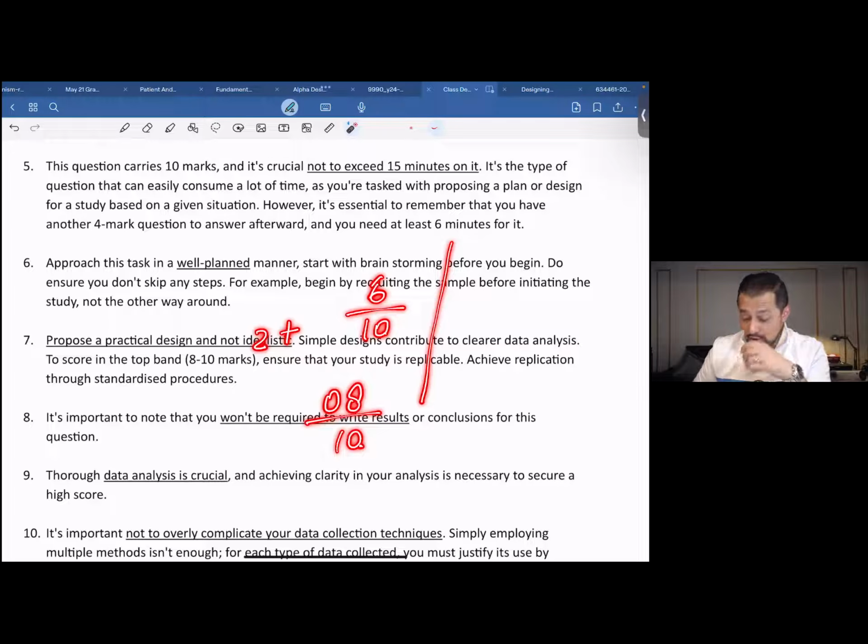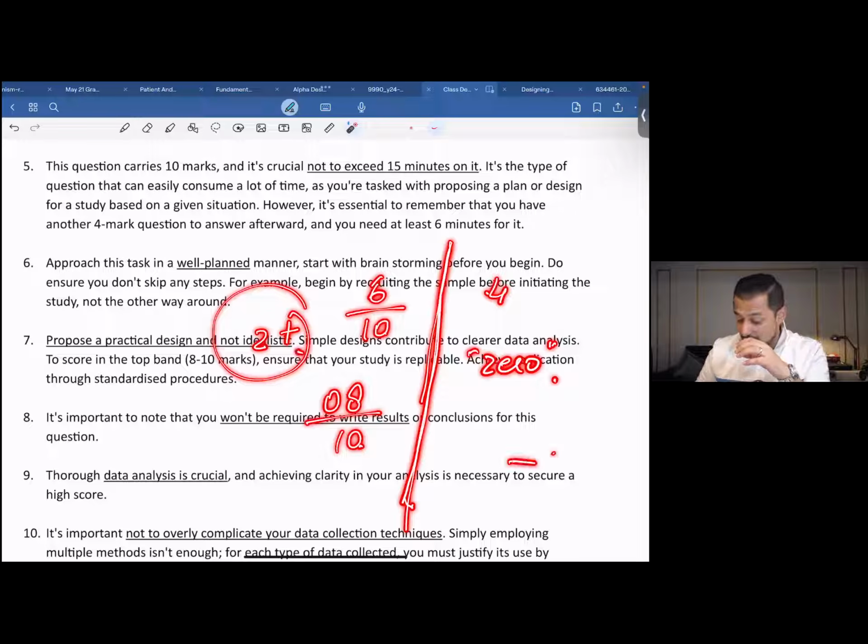But while doing so, what if you end up not being left with enough time to attempt the next question, that is a 4 mark question, which God forbid ends up with a 0? So even when you've gained 2 over here, remember, my dear, you'd be losing 4 ahead. So it's better that you go well planned. It's better that while you're practicing, you time yourself so that tomorrow when you go sit for your CI examinations, this does not turn out to be a problem.